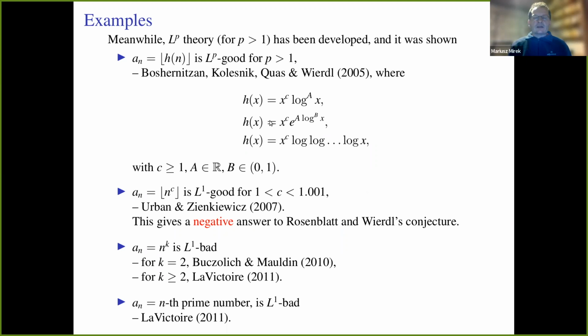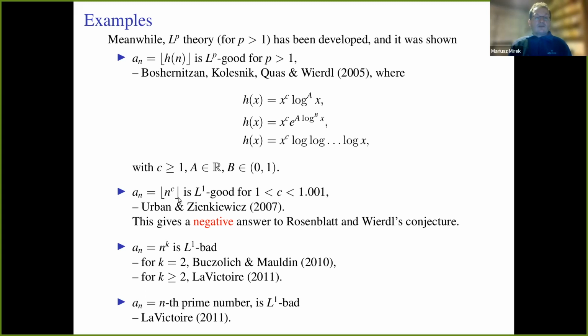For instance, as a conclusion, if we consider functions h of x which grow polynomially, like x to the power c, multiplied by a certain slowly varying function, then the sequences given by the integer part of functions of this form lead to LP good sequences.